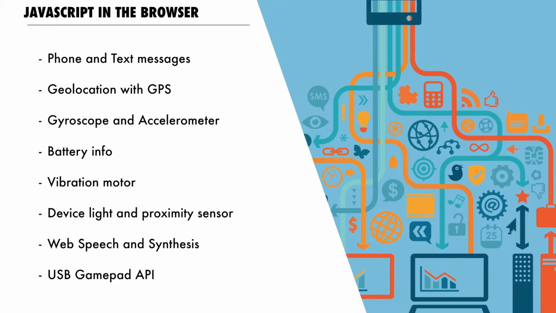And finally, my favorite one is the Gamepad API, which handles USB connected game devices. It can be a joystick, a racing wheel, or a regular Xbox gamepad. If you work on an HTML5 or JavaScript game, you can extend the controls with these external USB devices.